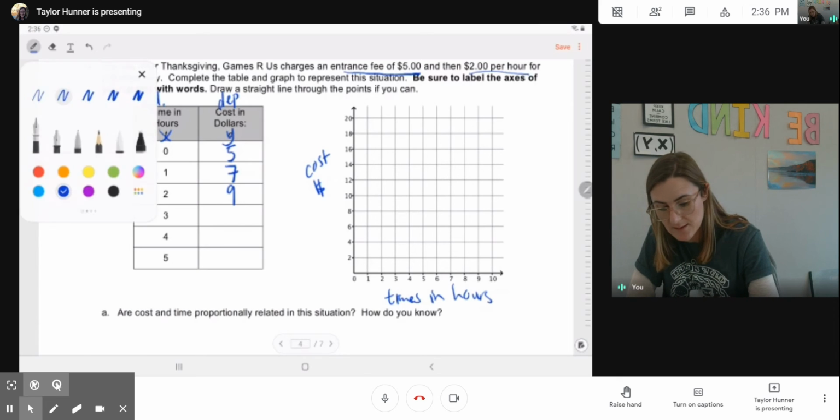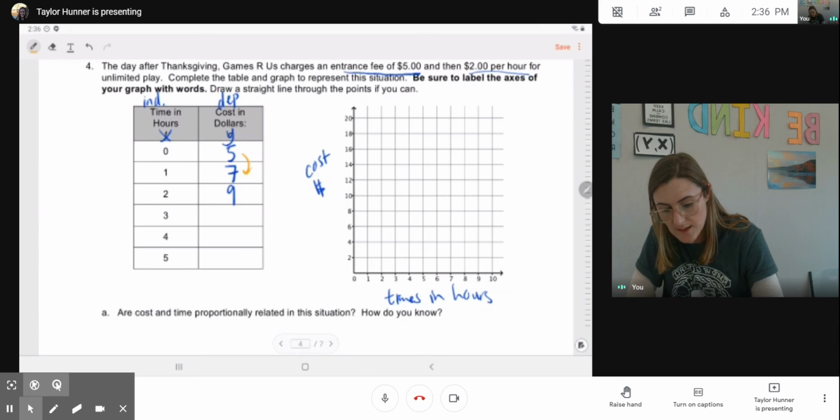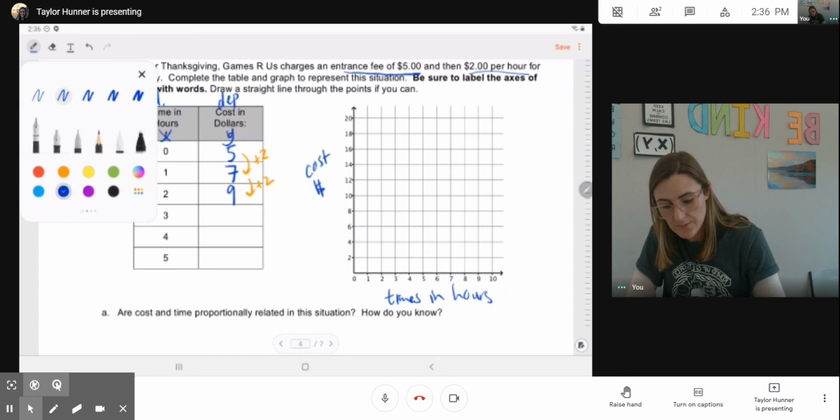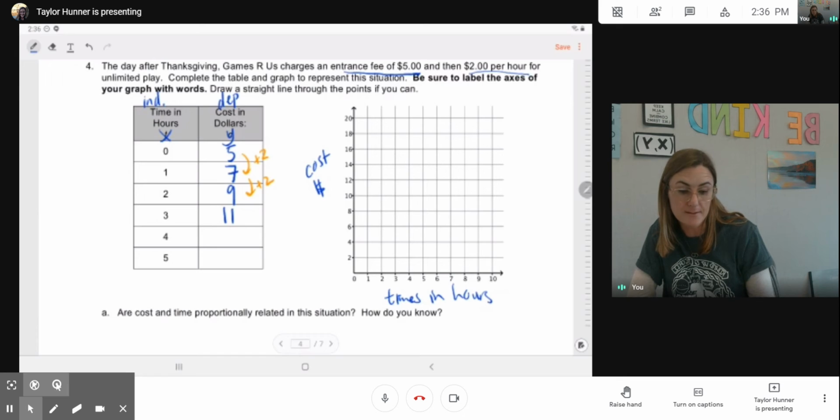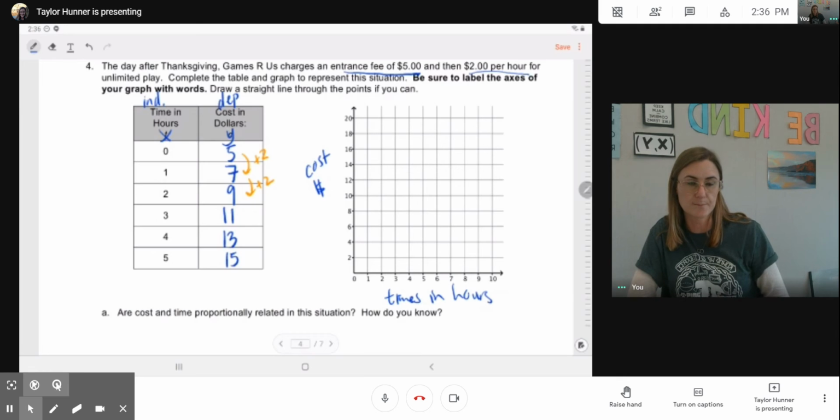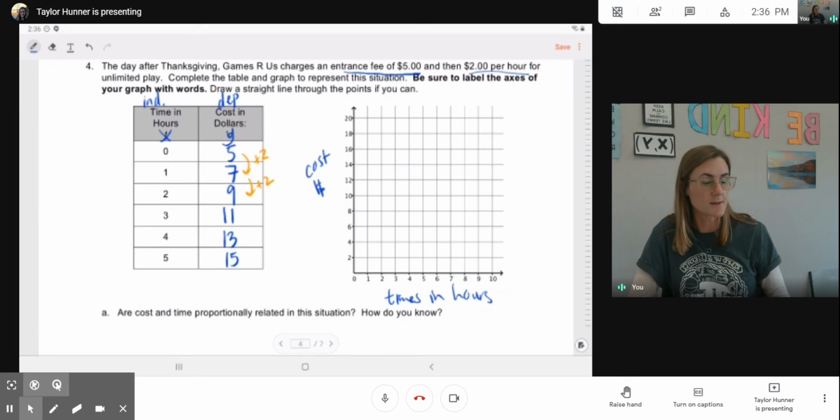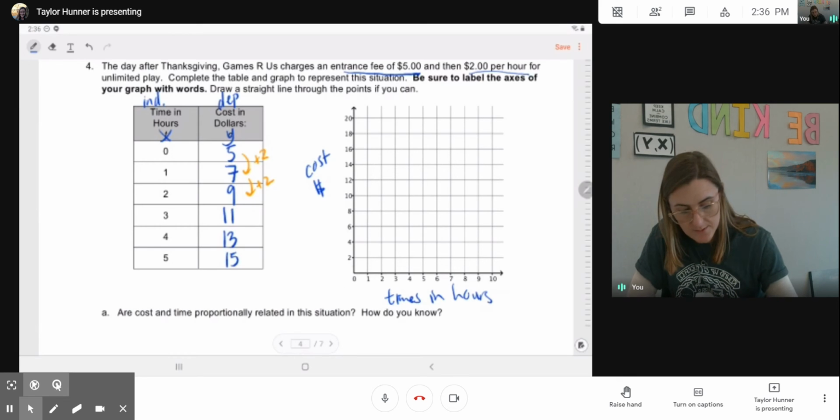And if you'll notice, what's happening here is I'm just adding $2 each time. So after 3 hours, I'd pay 11. After 4, I'd pay 13. And after 5, I would pay 15. Now my graph is going to look a little bit different because it does not start at 0, 0. It now starts at 0, 5, right?